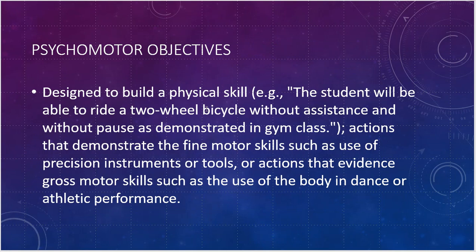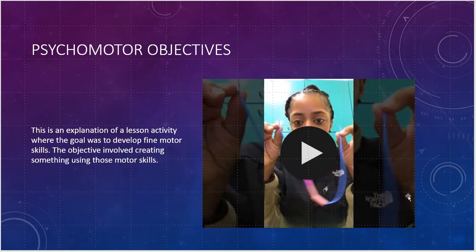You'll see it often in PE or maybe in music if you're looking at how they play the instrument, their technique, things like that. Here would be an example of a special education teacher teaching about a lesson that she did where the objective was to help students develop their fine motor skills. So the development of the fine motor skills would be the goal, whereas the objective would be for the students to create whatever the necklace or whatever it is that they're creating.